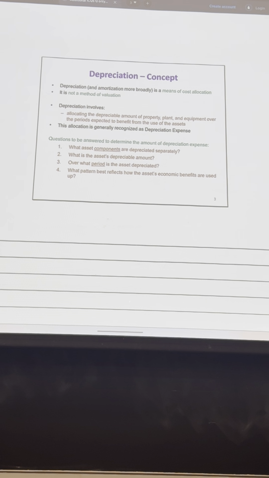When you have a building, and the building has a roof, it has obviously the elevator shaft, right? It has various different components. You can actually have different depreciation policy for each one.